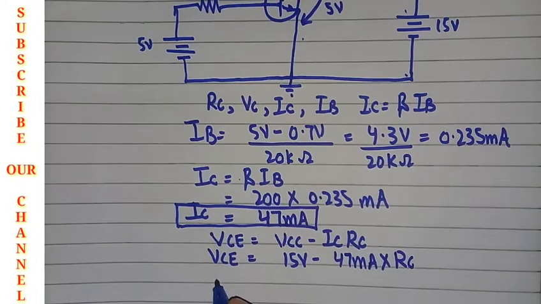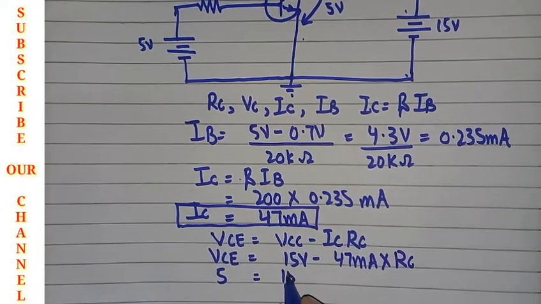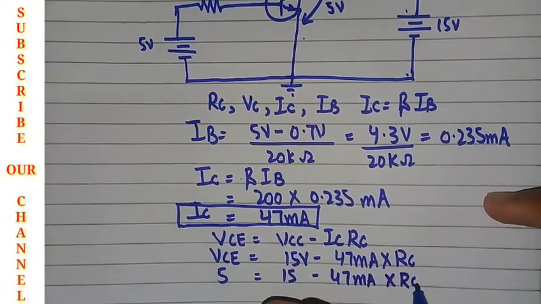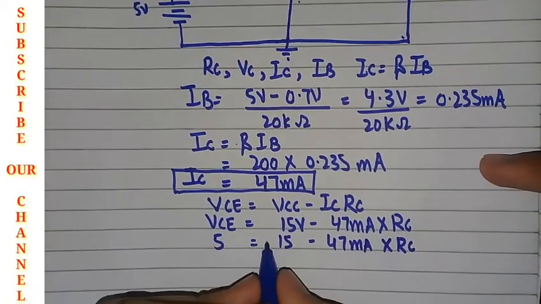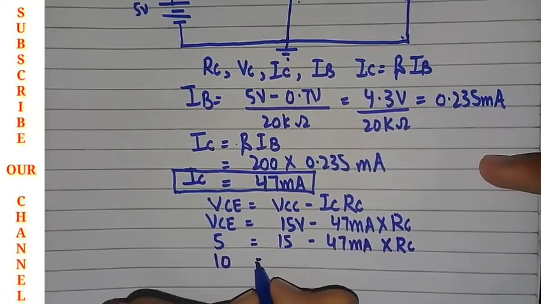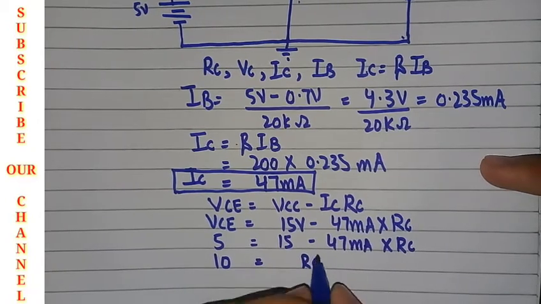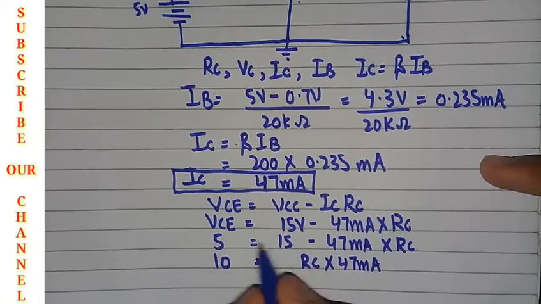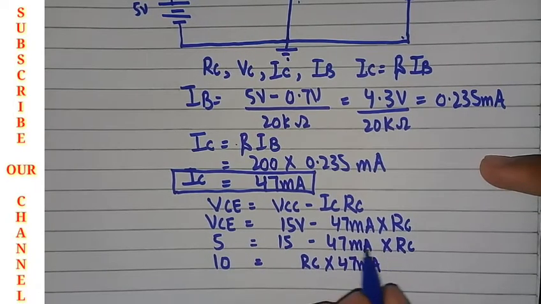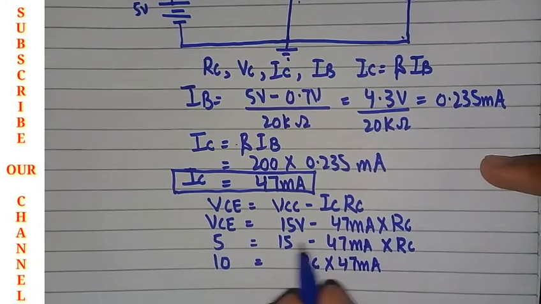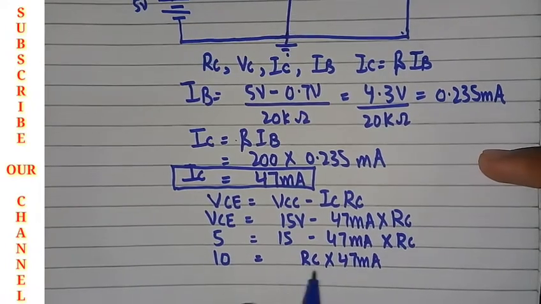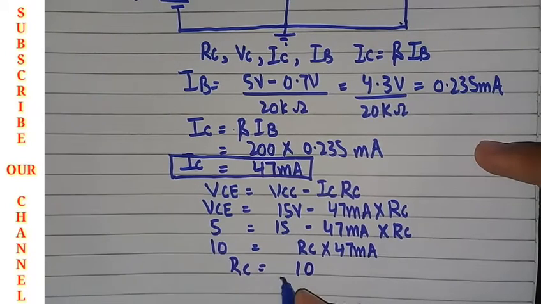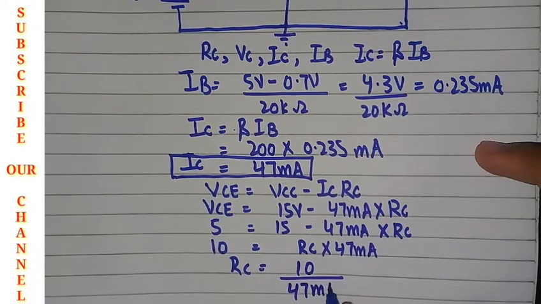VCE is given as 5 volts, so 5 equals 15 minus 47 milliamps multiplied by RC. 15 minus 5 is 10 volts, and RC into 47 milliamps will go over there. So RC will be 10 divided by 47 milliamps.